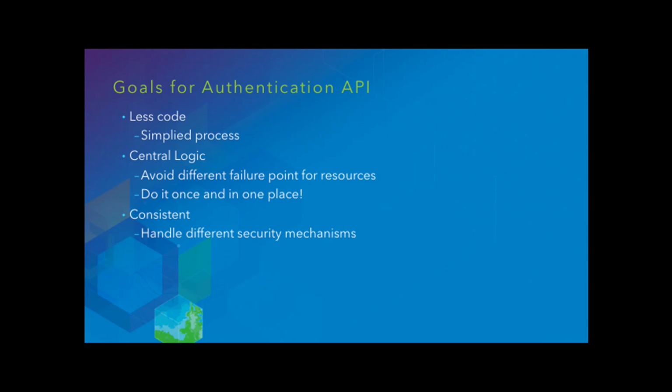We didn't want to have a lot of failure points, and we wanted to avoid failure if possible. And we wanted everything security related to be done in one place in your entire app. Lastly, our aim was for our developers to handle all the different security mechanisms, including credential caching, in a very consistent way.